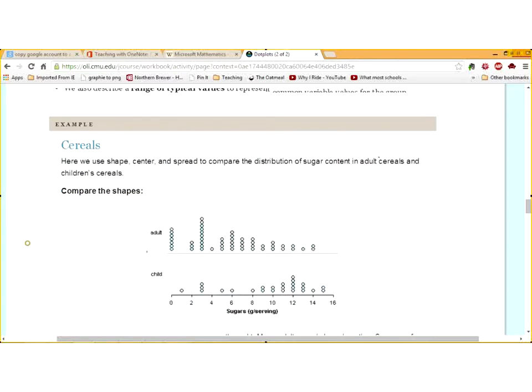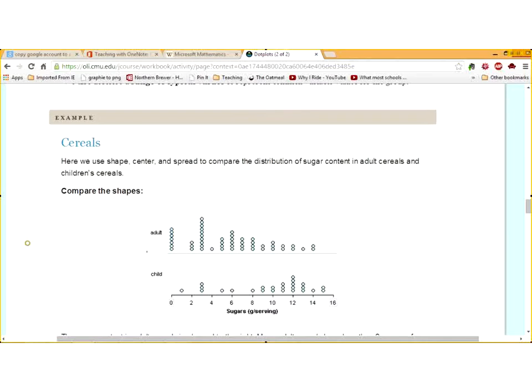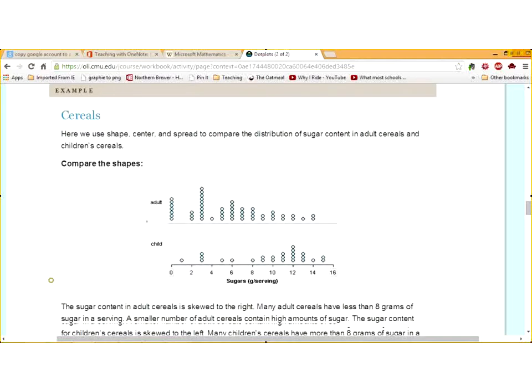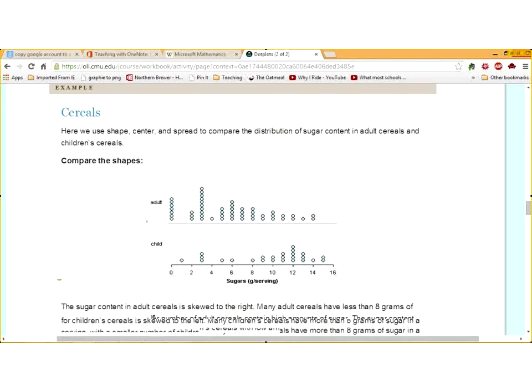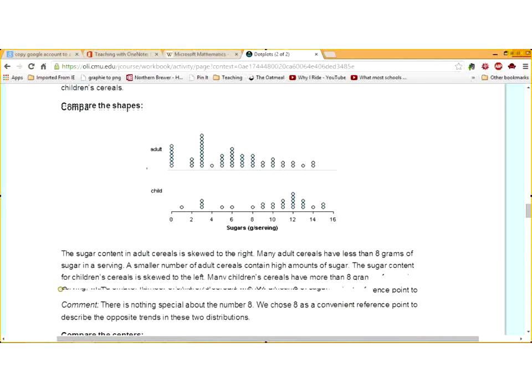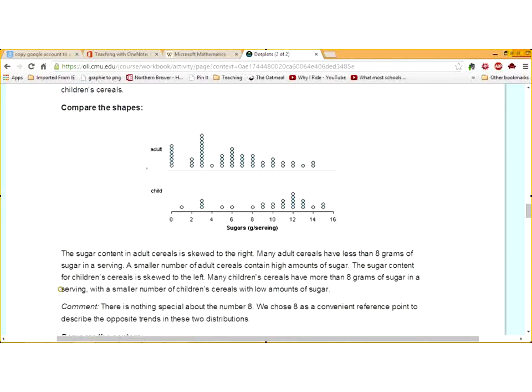So these are the sugars again for adult and children's cereals. We already talked about the shape. Adult was right skewed, children's was left skewed. But now with the center, it appears that for the children's cereals the center is maybe around 12 grams of sugar, whereas for the adults it appears to be maybe around 3 grams of sugar.